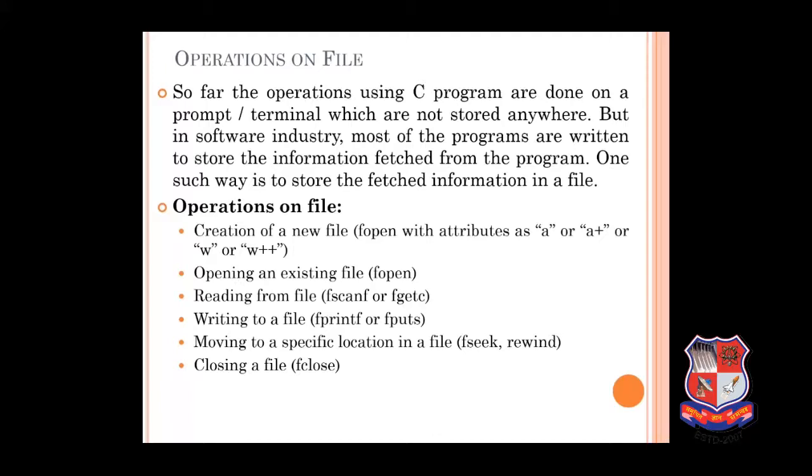We can also write into that file using fprintf and fputs. putc also can be used, and puts for strings also can be used. File printf and file put string, or file put c, character by character. But to read or write from a file or to a file, we have to first open the file, which is a compulsion.